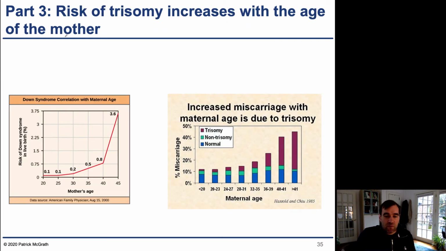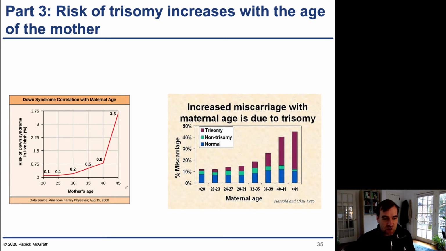And further, the risk of both miscarriages and Down syndrome increases with the age of the mother. The older the mother's age is, the more likely it is that a trisomy occurs, and as a result, you either have an increase in the probability of having a child with Down syndrome, or an increase in the probability of having a miscarriage.